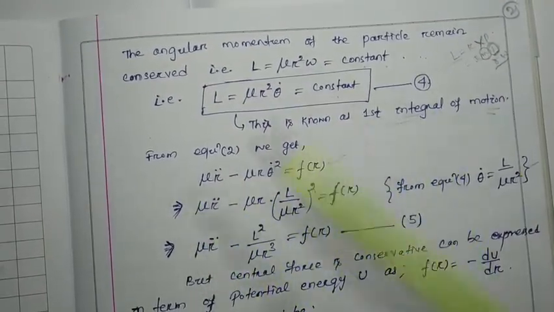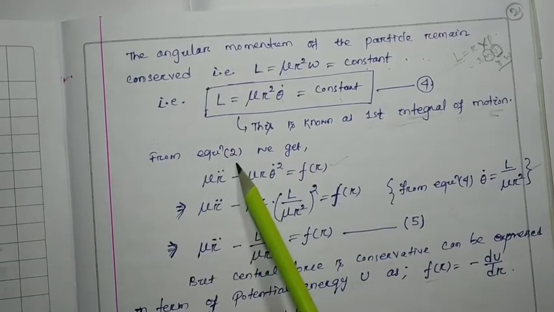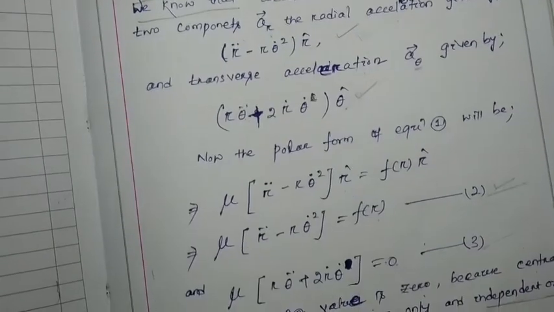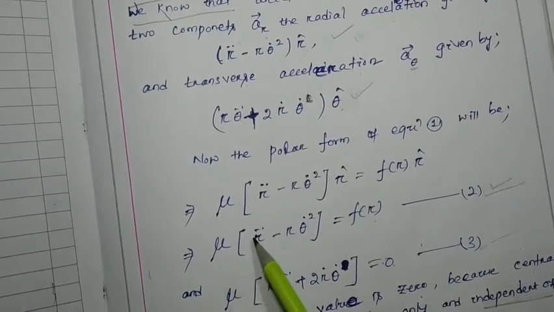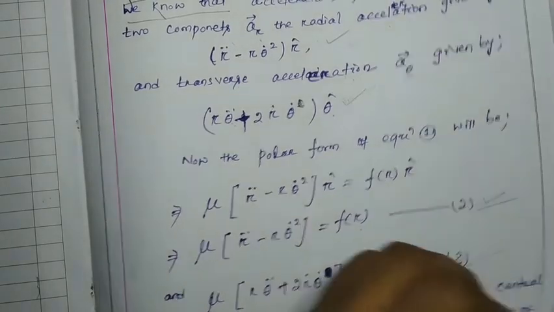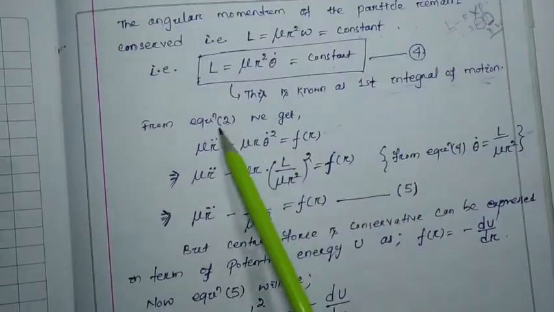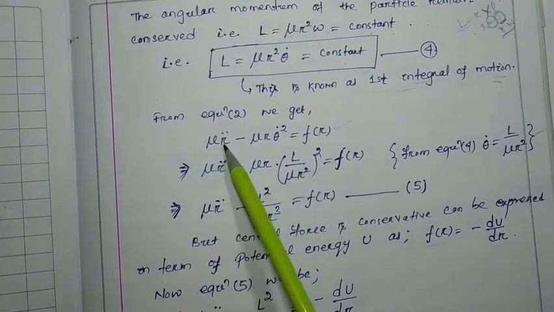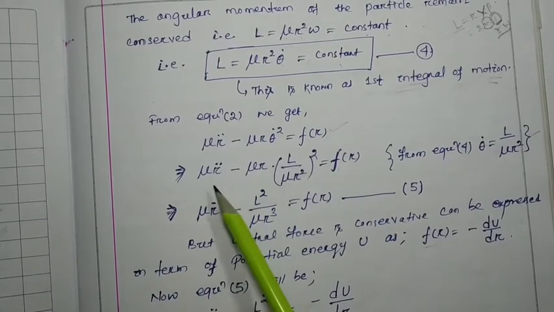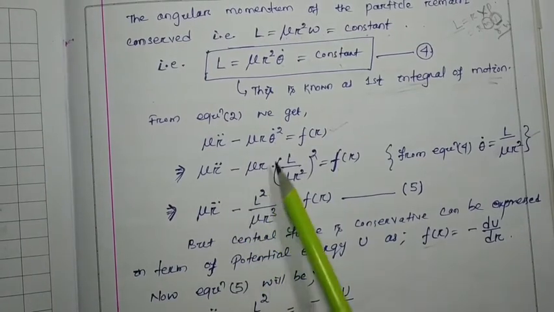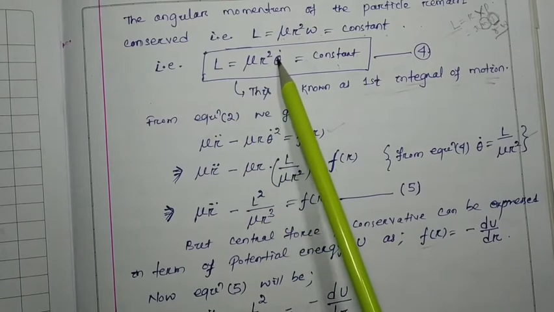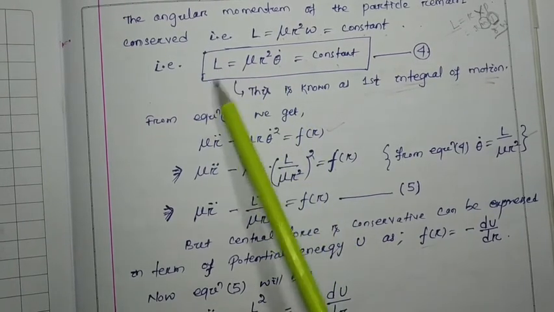Okay, now from equation number 2, what are we going to get? Equation number 2 is μr̈ − μrθ̇² = Fr, right? Here θ̇ is nothing but L by μr².